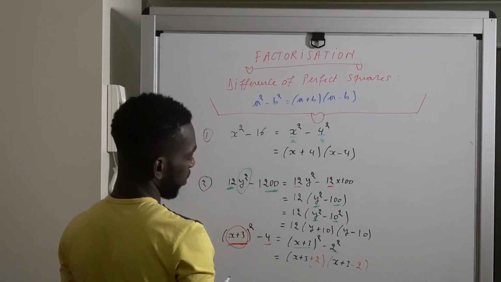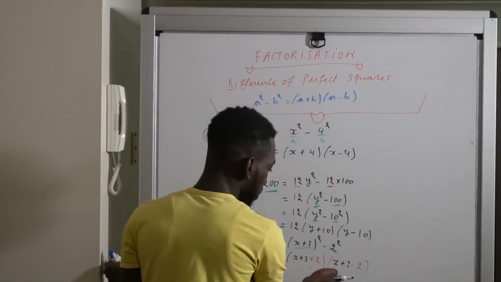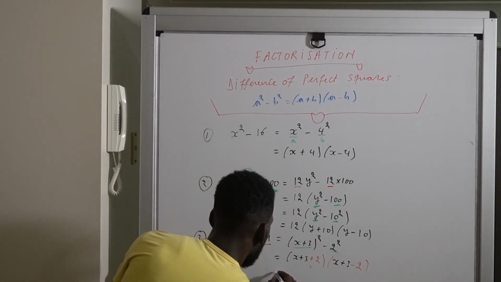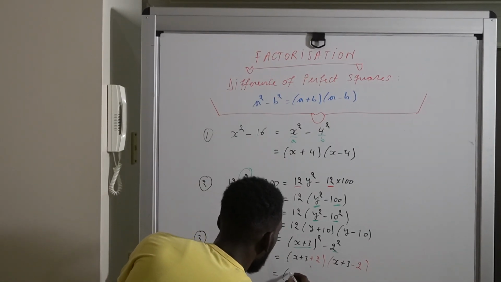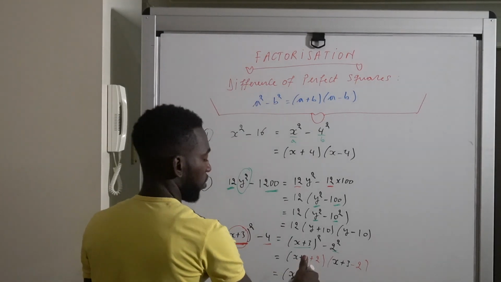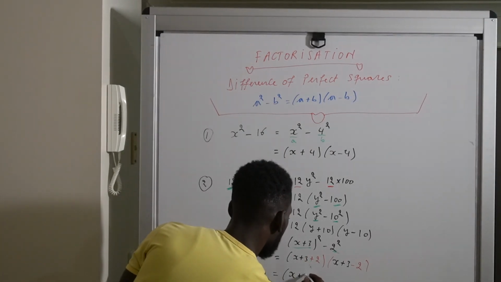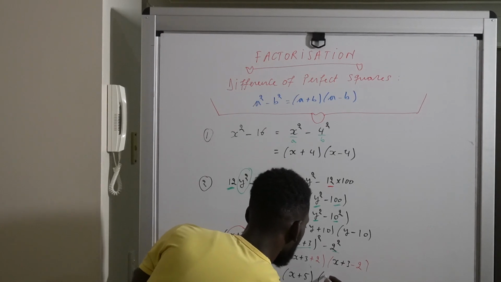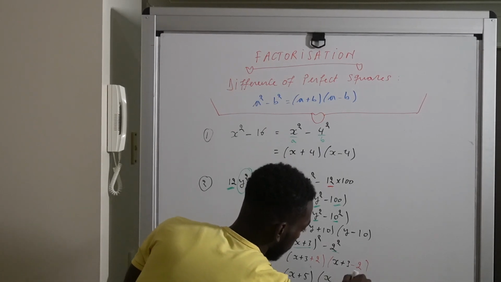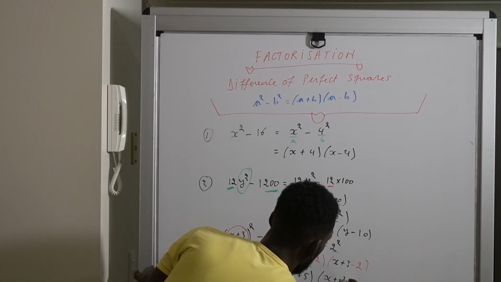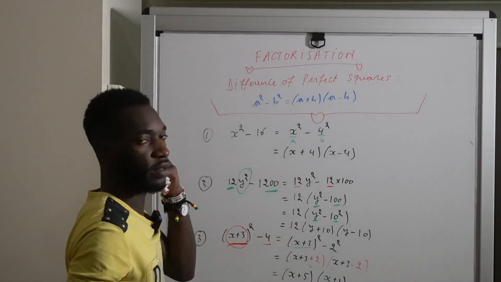And then we don't leave it like this. This could be correct, however we can simplify this, right? We have x, 3 plus 2 is 5, so x plus 5, and then the next one you have x, 3 minus 2 is just plus 1, and that's our answer.